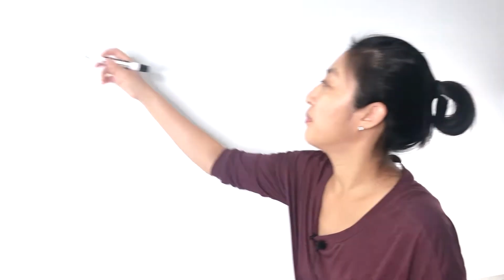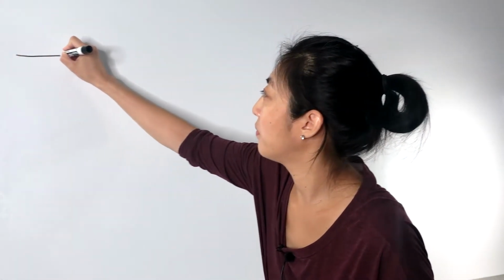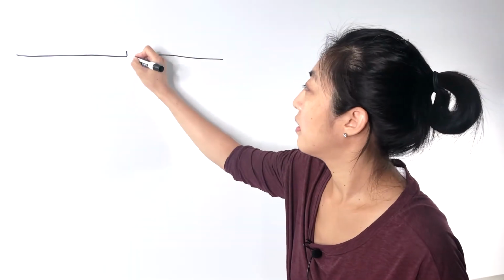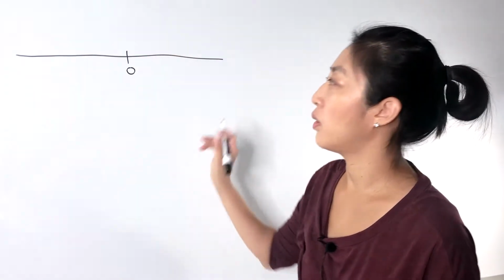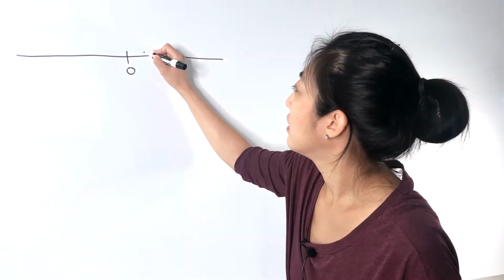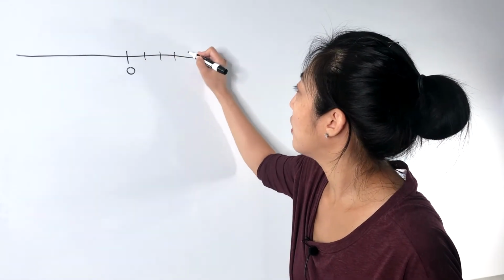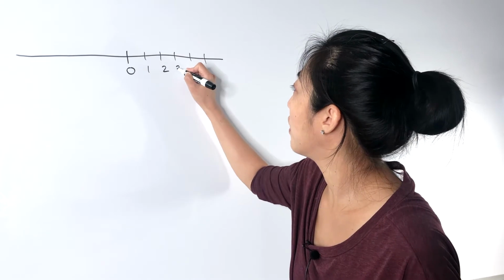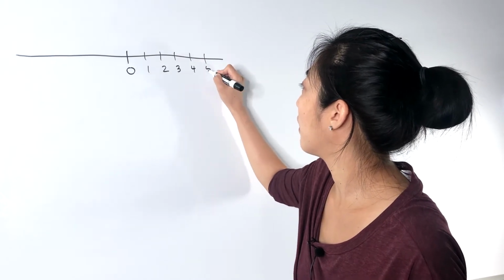I'm going to draw a number line for you, just a short one. So here's my 0, and I'm going to just go up to 5. 1, 2, 3, 4, 5.